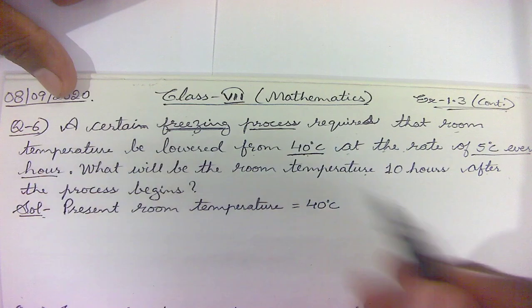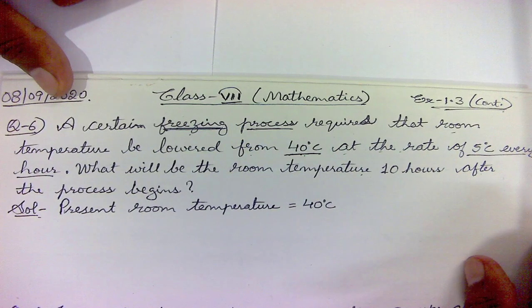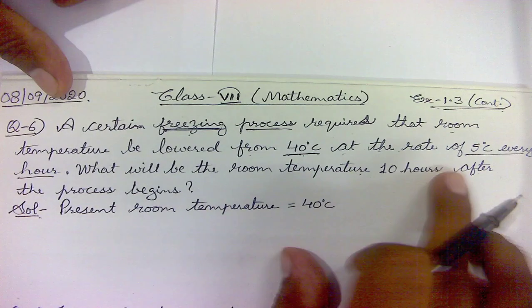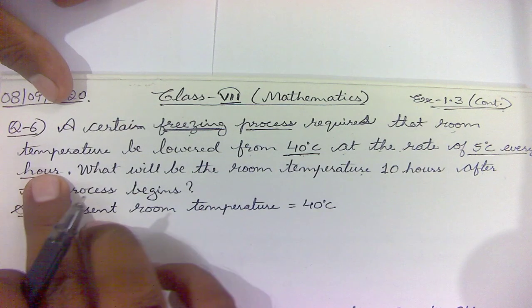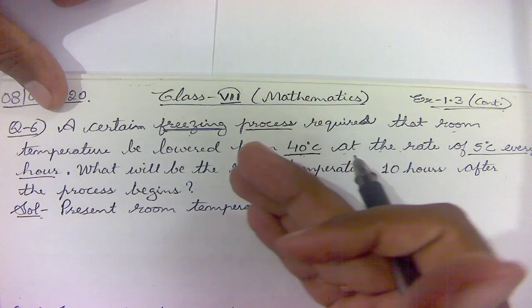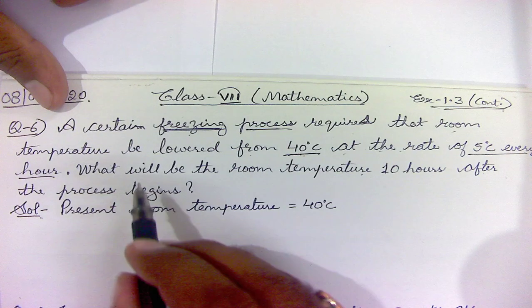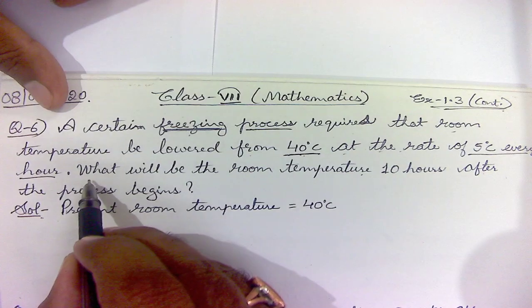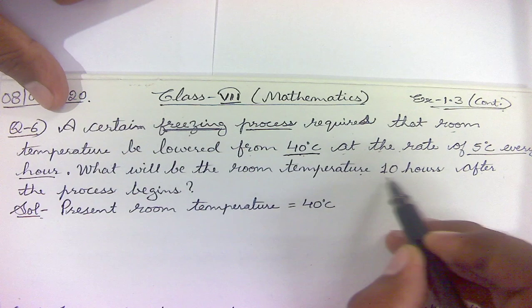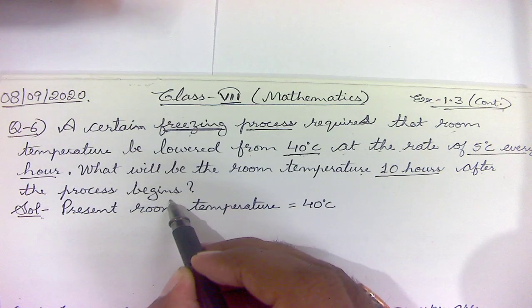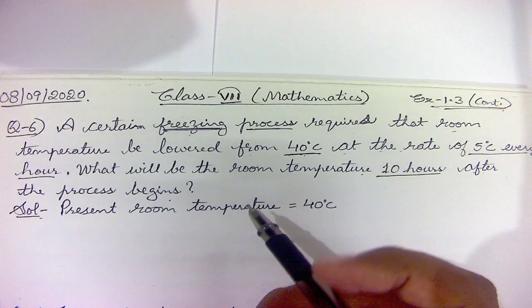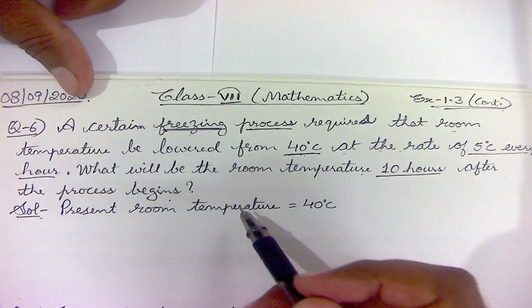In 1 hour, 5 degrees Celsius will be reduced, then in the second hour, 5 degrees will be reduced. Like this it will go on. So you have to tell what will be the room temperature 10 hours after the process begins.